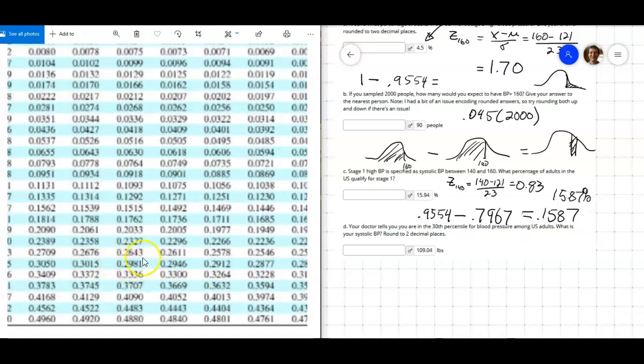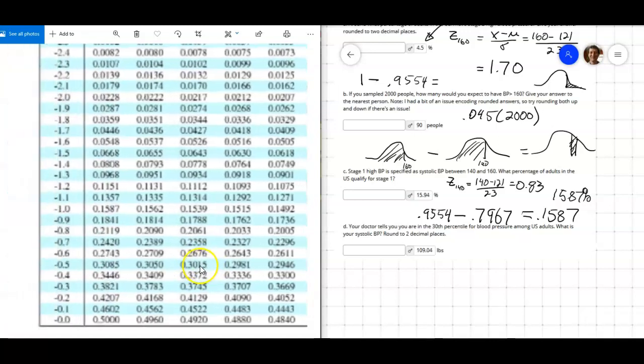The closest one I can get is 0.3015. The z-score is negative 0.52. So we look up the percentile in the middle of the table, and then we can find the z-score that goes with that.